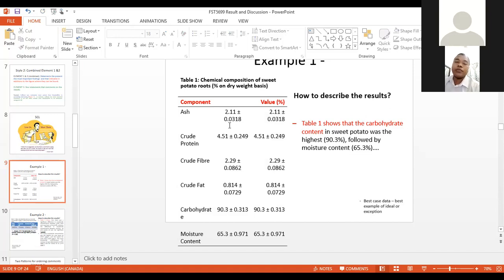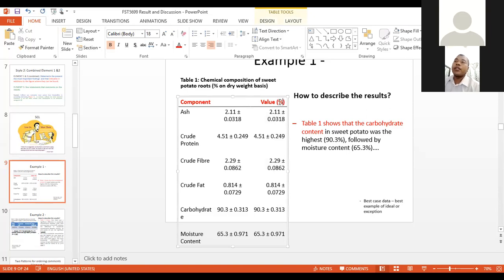You can use both, either one. But on the top, or at the bottom, you should mention percentage, mean plus minus standard deviation or standard error mean.